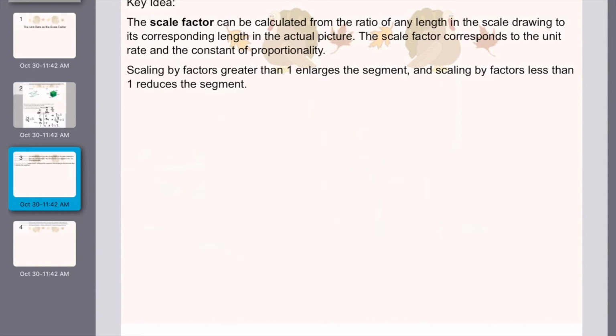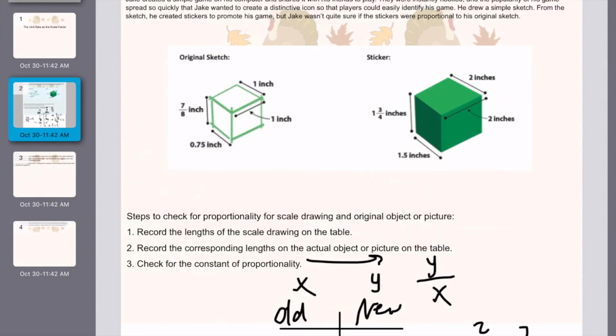Scaling by factors greater than 1 enlarges the segment, and scaling by factors less than 1 reduces the segment. So really what we just did was find our scale factor from our original sketch to our sticker. The scale factor was 2, meaning that I took these side lengths and multiplied them by 2 in order to get my sticker.